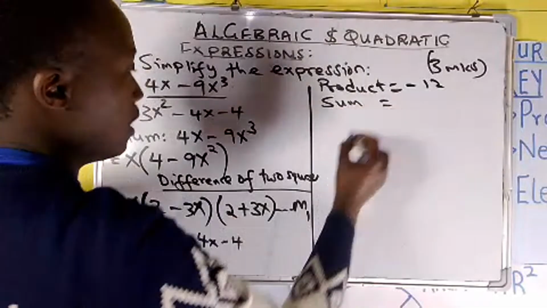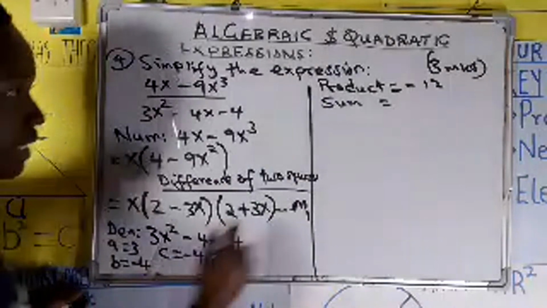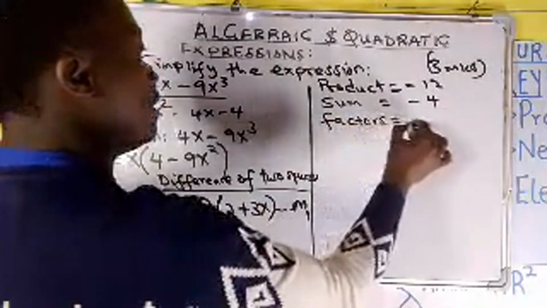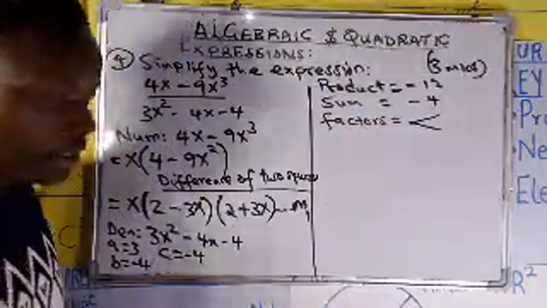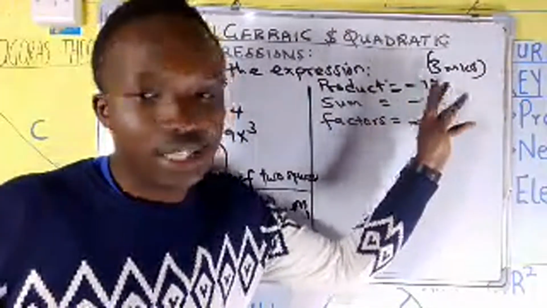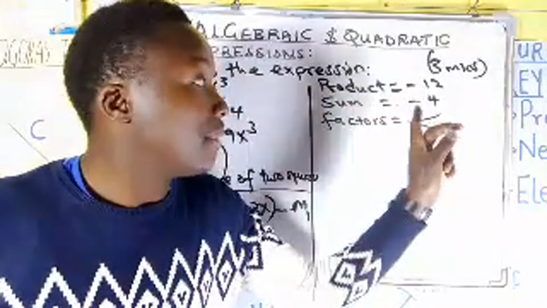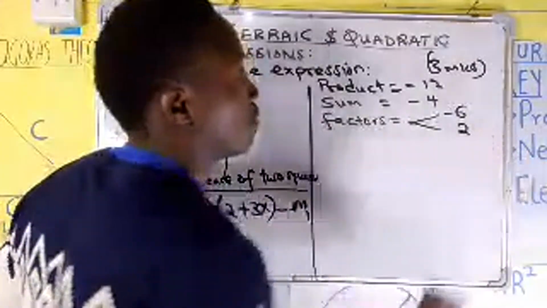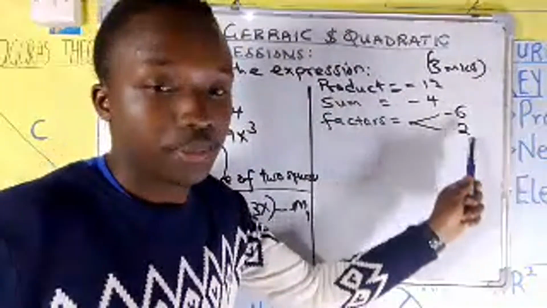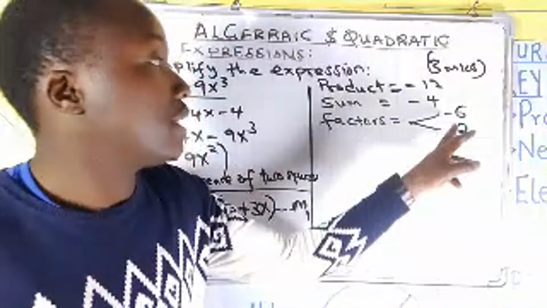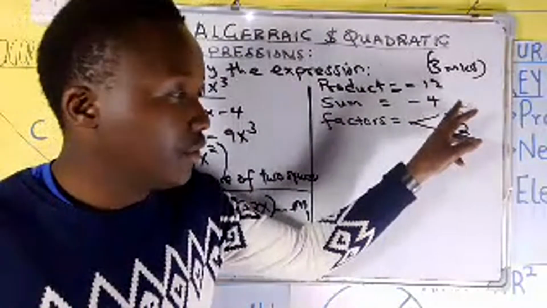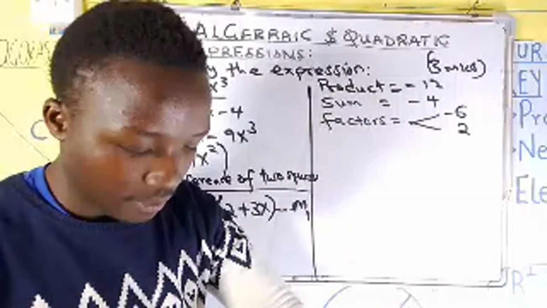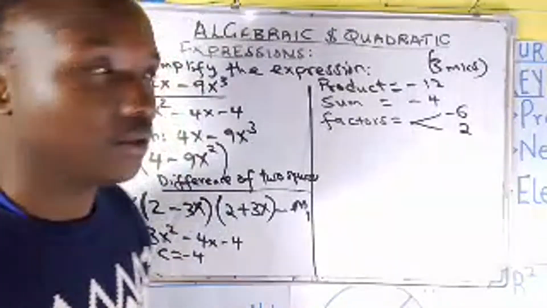Our sum will be equal to B, which is negative 4. Our factors are two numbers that, if we multiply them, give us negative 12, and if we add them, give us negative 4. Those two numbers are negative 6 and 2. Negative 6 times 2 is negative 12, and negative 6 plus 2 is negative 4.